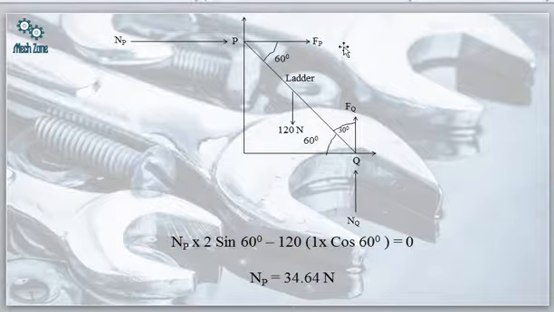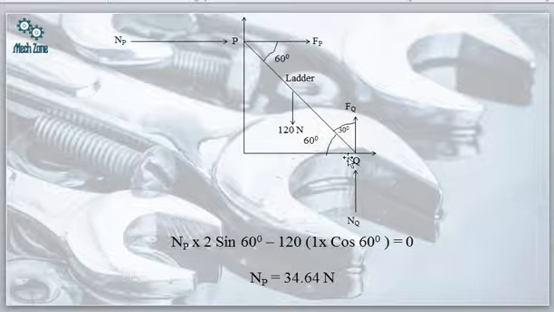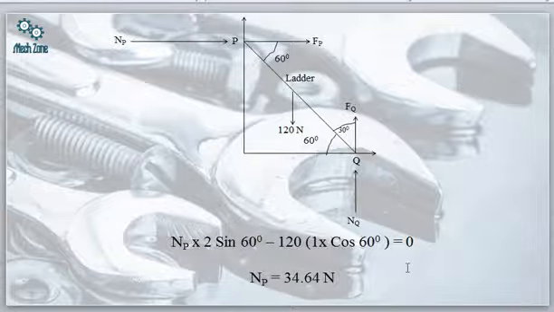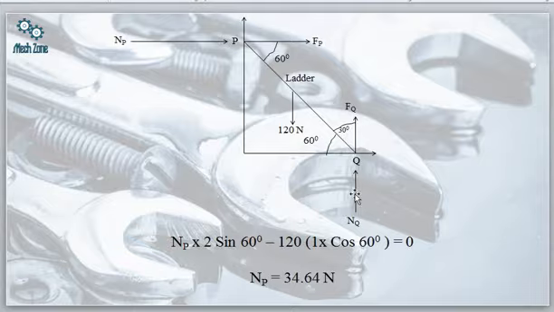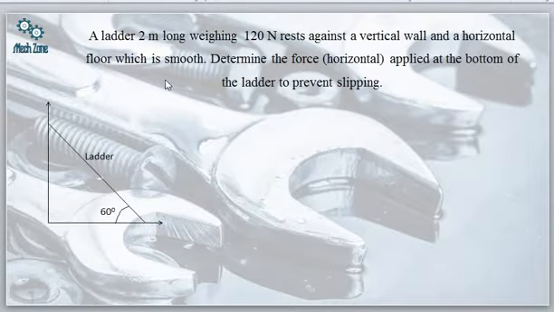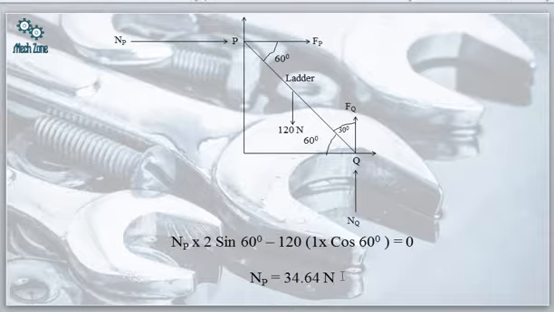NP into 2 sin 60, where 2 is the length of this rod, minus 120 into 1 cos 60, because the 120 is acting exactly at the center, so this length is 1. We have to find out the reaction at P. So NP is simply coming out to be nothing but 34.64 Newton.